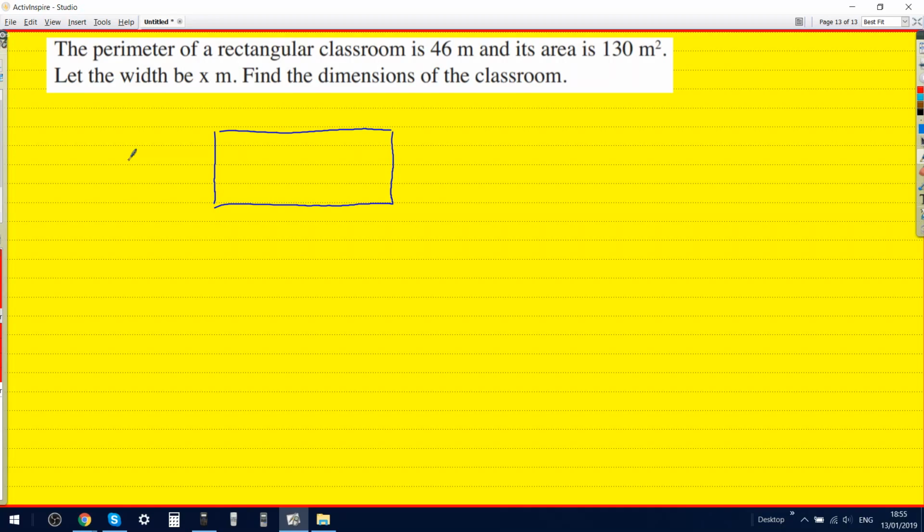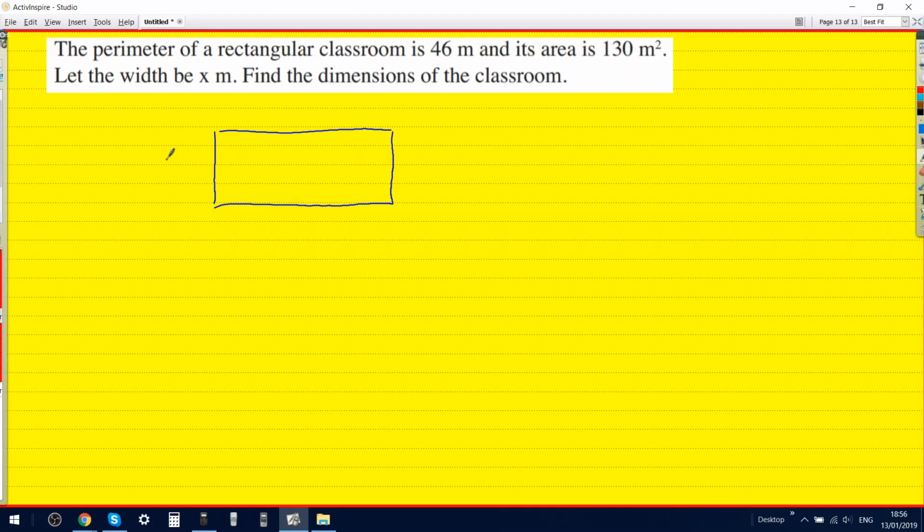So the perimeter, P equals 46 meters. The width is x. We have to find the dimensions of the classroom.